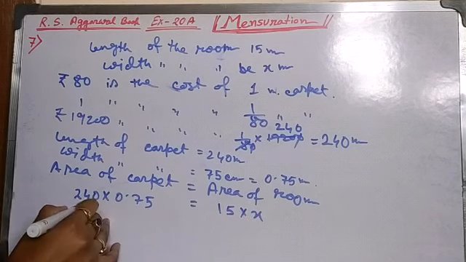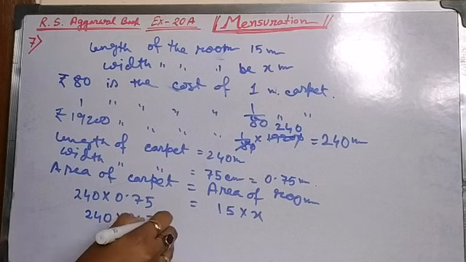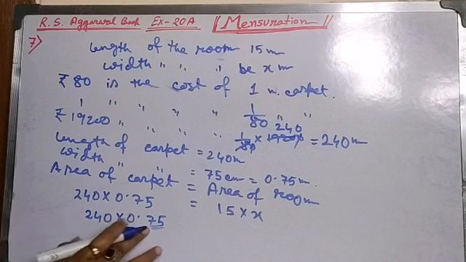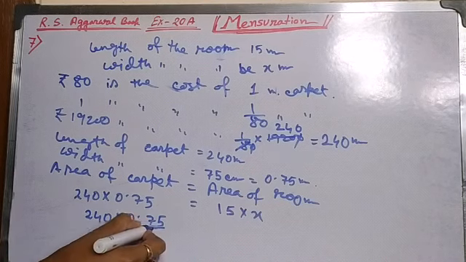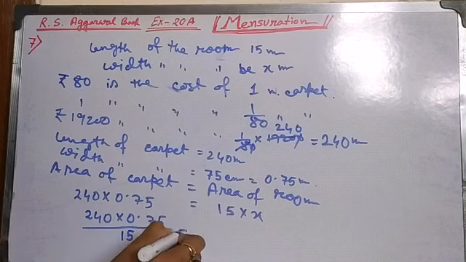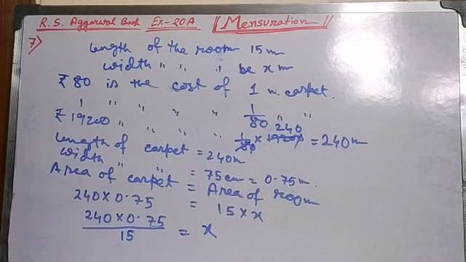So if x is kept on the right side, then 15 will come down on the left side.